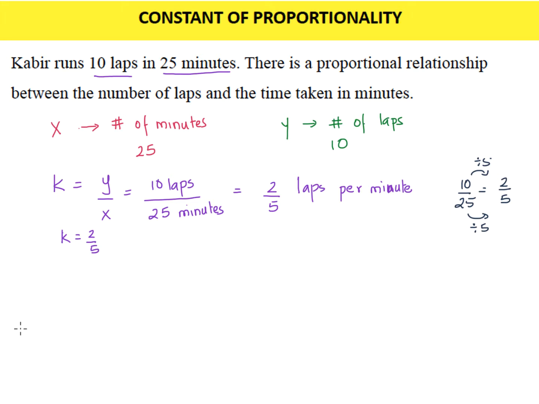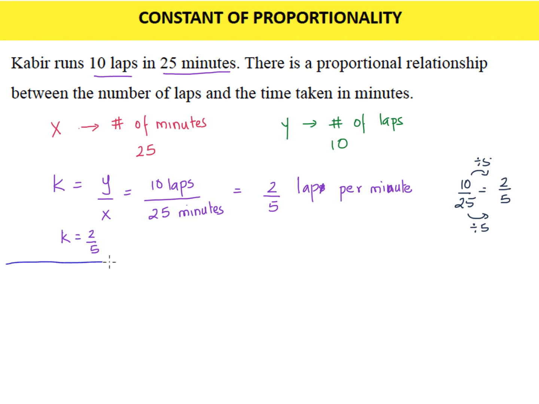And what that 2/5 means is you can do 2/5 of a lap. In fact, I shouldn't even be writing laps. 2/5 of a lap in 1 minute. Now, in this example, it's perfectly valid to actually consider laps as your independent variable, because you would like to find out how many minutes it takes per lap.